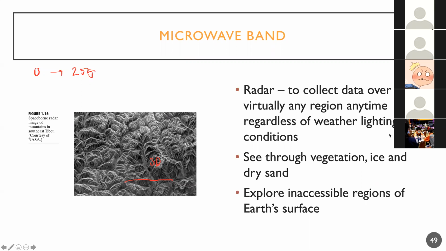It means that radar can penetrate all weather conditions, the cloud and everything, to be able to collect the data from the regions. You can use radar sensors for detecting vegetation, ice, or dry land, or even explore a region that humans cannot access.